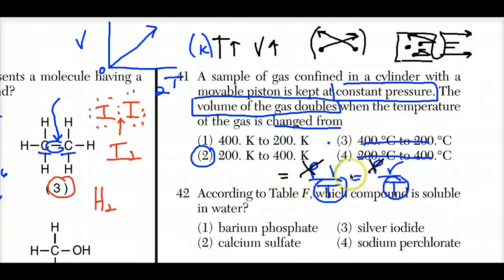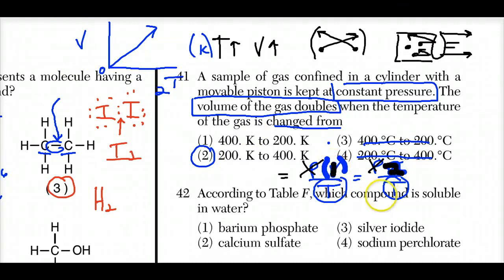Now, if you want to use the equation, you can. If you were to put a volume in here, let's put 1 liter, and the volume of the gas doubles, so this would be a 2. So this is a 1, this is a 2.